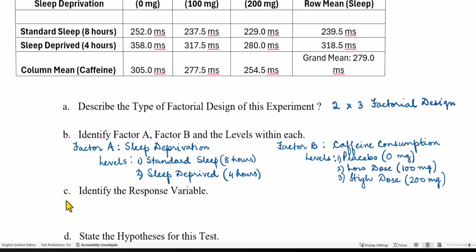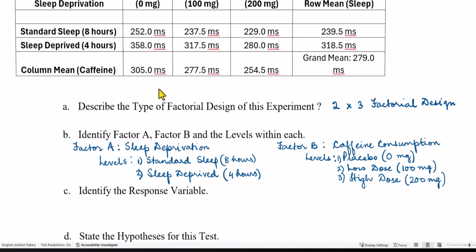All right. Now question C is asking, identify the response variable. Now, response variable is the variable that is being measured, right? It's not standard sleep or sleep deprived or placebo, low dose and high dose. It's what is being measured.